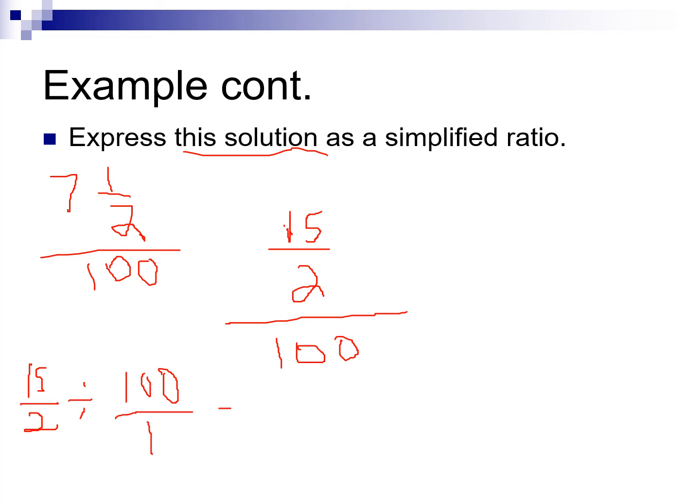So that's going to be the same as 15 over 2, keeping that top fraction on your left, multiplied by 1 over 100, because when we divide with fractions, we flip the second one. So now we have 15 over 200.